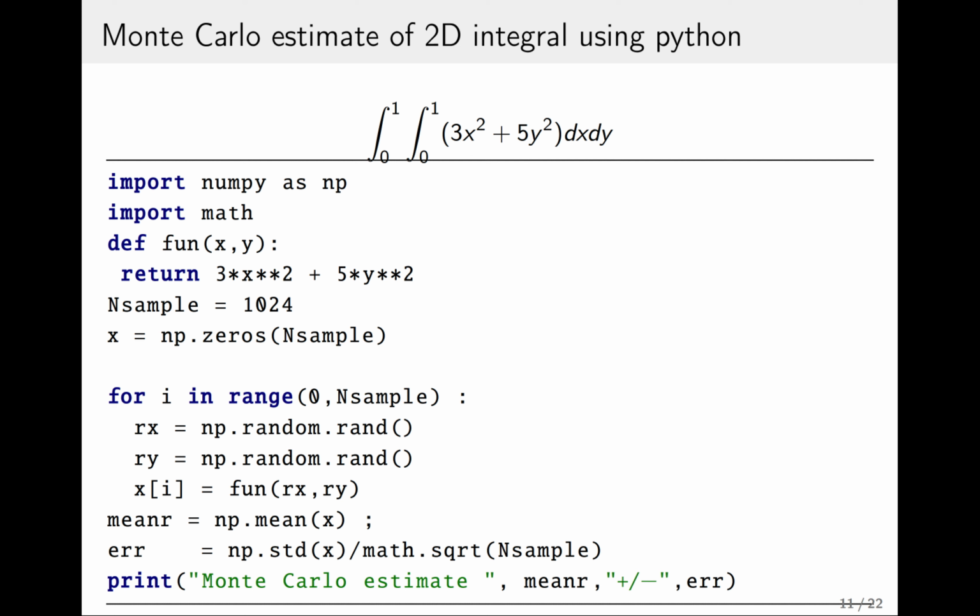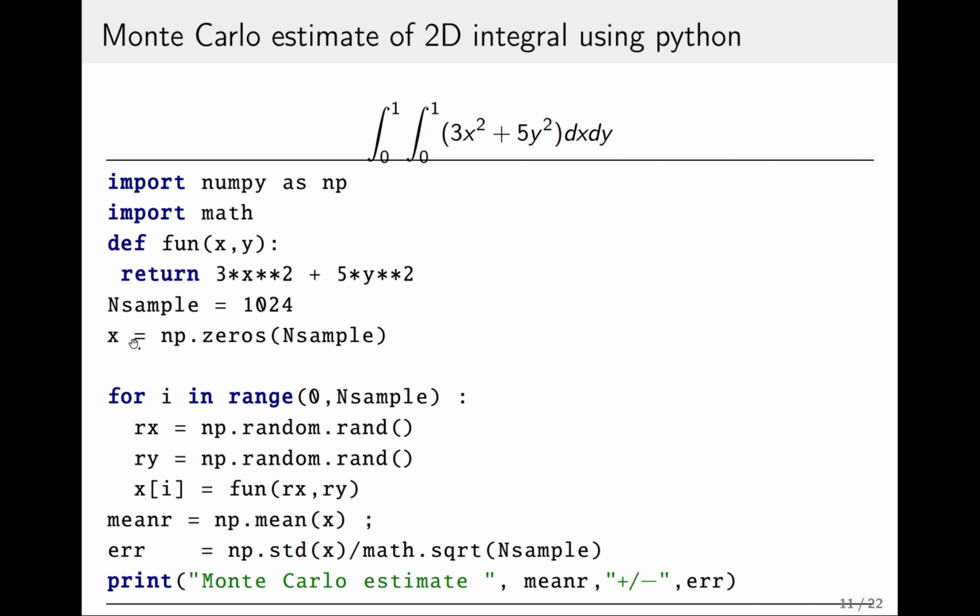Okay, so what do we do for 2 dimensions? This is just a little test case: the integral between 0 and 1 of 3x squared plus 5y squared, integrated over dx dy. We're going to use the Monte Carlo method. So we have the function here, returning 3x squared plus 5y squared. We're starting off with 1024 samples.